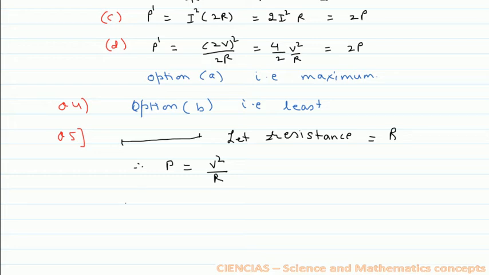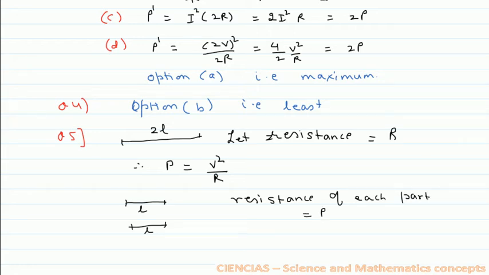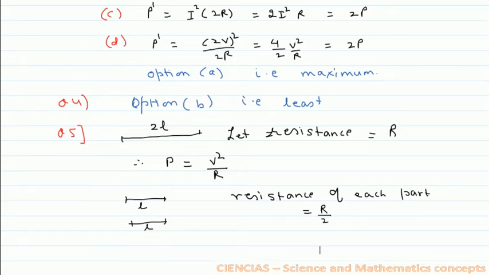So if this length was 2L, now the wire is of length L and another wire is also of length L. So resistance of each part will be equal to R by 2 because resistance is directly proportional to length of the wire.